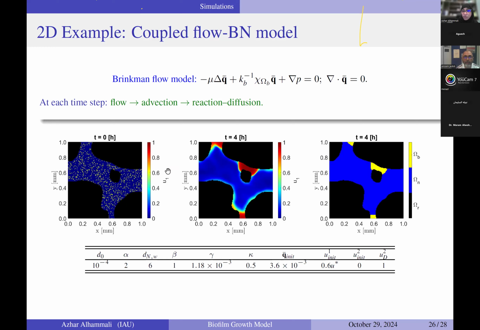We see that over time, after 4 hours, biofilm forms, and it accumulates at this region near the solid surface. Okay, this is only to show the domain of the biofilm and the non-RAC solution, the non-RAC domain and the RAC domain.